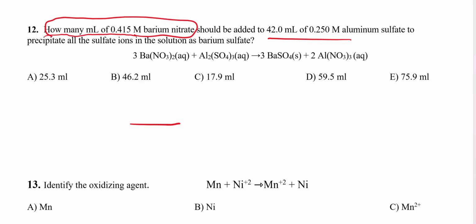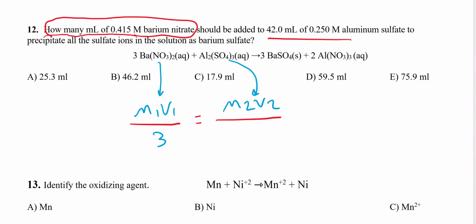So we write one fraction for barium nitrate, one fraction for aluminum sulfate. M1V1 for barium nitrate, its coefficient is 3, and M2V2 for aluminum sulfate, and its coefficient in this equation is 1, so we just don't write it.